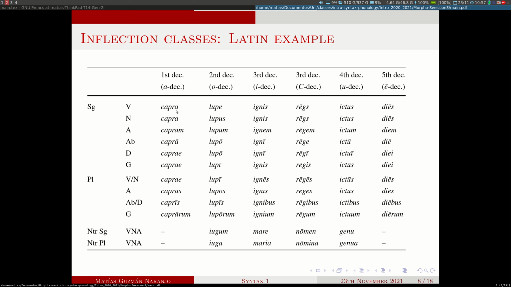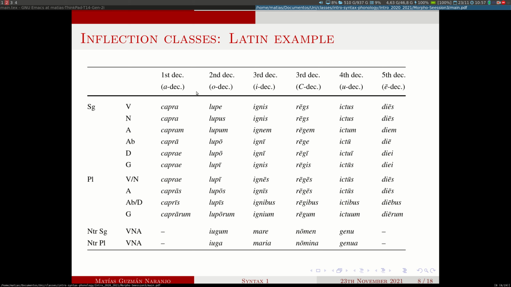And you can see that the markers of these 5 classes, they are also called A, O, I, C, U, and A declensions, are different. There are some regularities across them, but the markers are quite different across them.